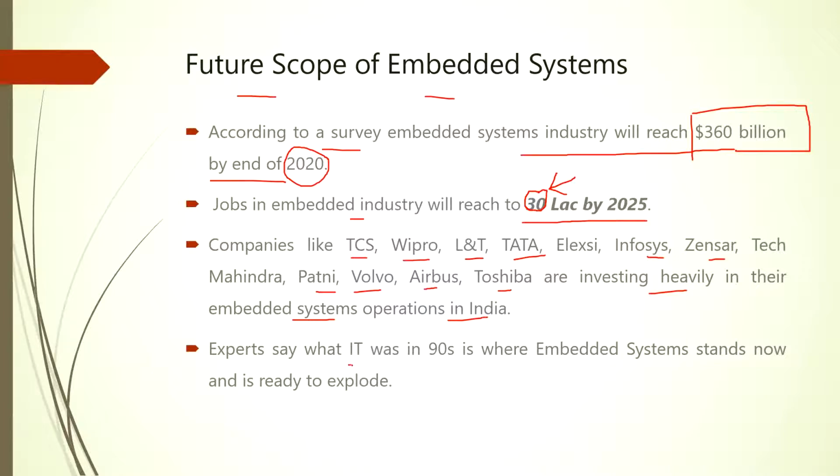Experts say that it was in the 90s where embedded systems stood, and now it is ready to explode, right? So in the 90s they started getting developed, and now it is at its peak point. Now, for those who are interested in exploring job opportunities in embedded systems, it's a good platform now to develop a career in embedded systems.